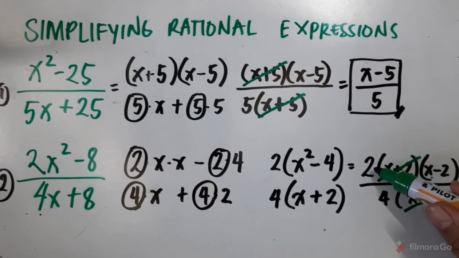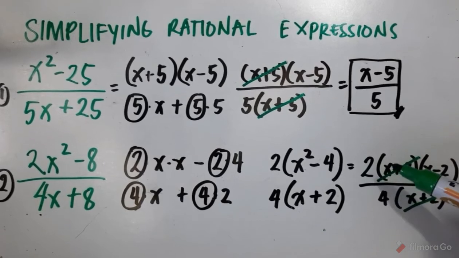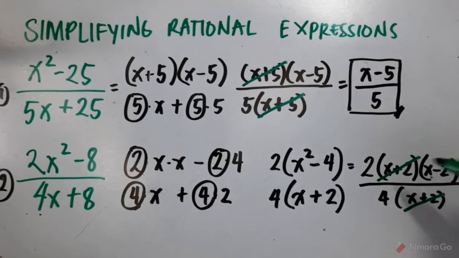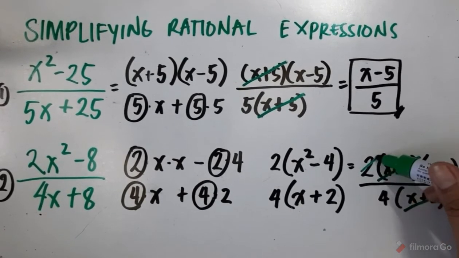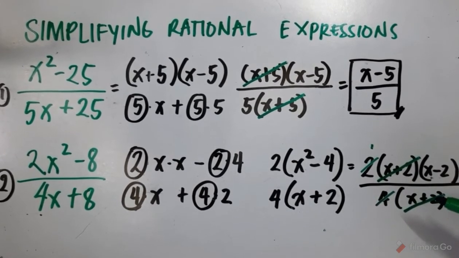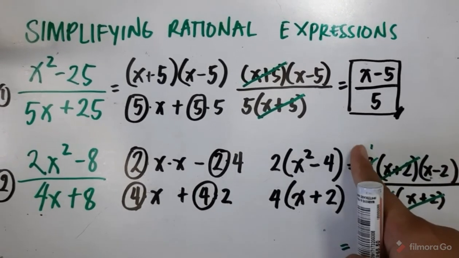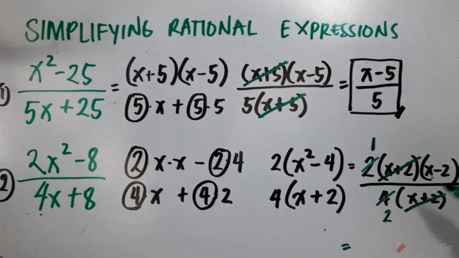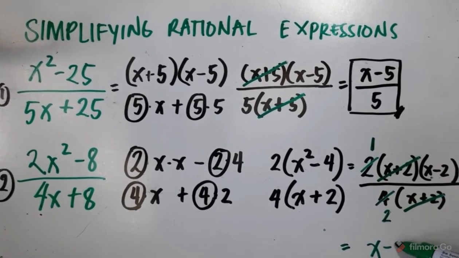How about the whole number or the constant? 2 and 4. Do they have a common factor? Yes, that would be 2. So, when we divide 2 by 2, the answer is 1. 4 divided by 2, the answer is 2. So, what do we have left in the numerator? That's 1. This 1 times x minus 2 is x minus 2.